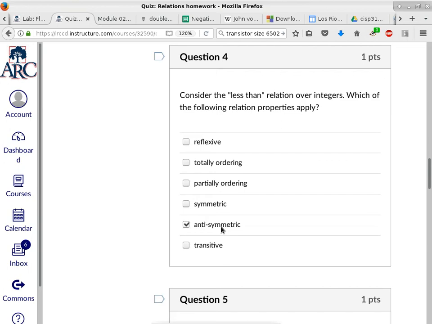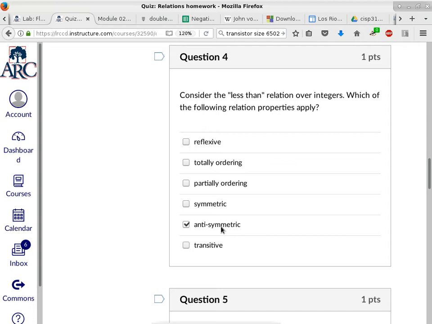Because antisymmetric says if A R B and B R A, then A equals B, right? So give me a case where A is less than B and B is less than A. You guys would say, well, that's not possible. It doesn't happen. So that means the left-hand side of the implication is always false, regardless of which A or which B you choose, right?